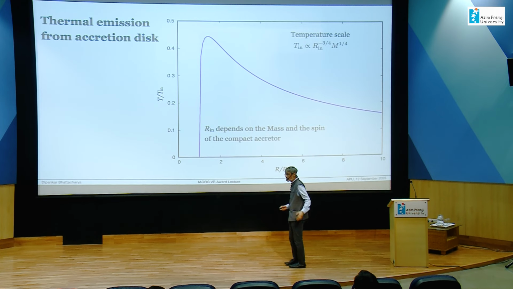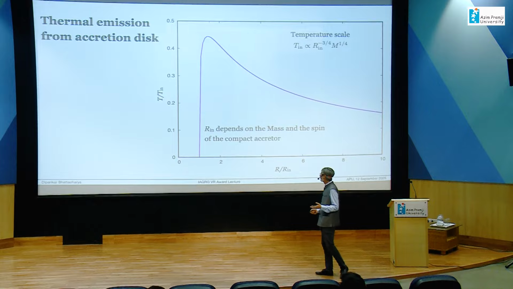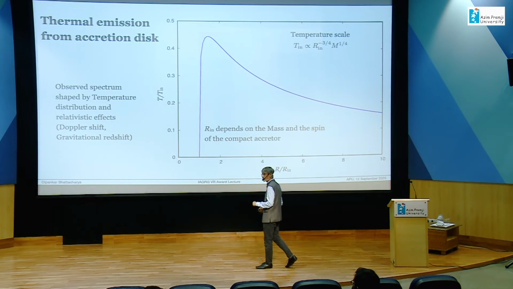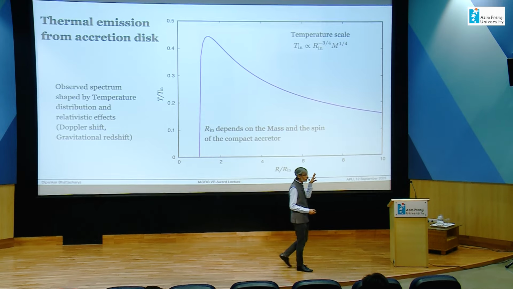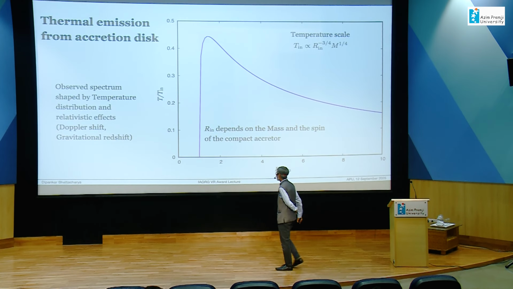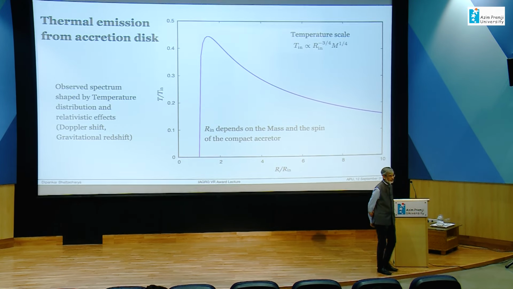So this hot disk is going to produce a spectrum which we can observe and measure. The spectrum will be related to the temperature distribution as well as relativistic effects like Doppler shift, gravitational shift, etc. So if you observe the thermal spectrum from the disk, you should be able to decipher this temperature distribution along with the relativistic effects, and it should be able to tell us the inner radius of the disk.